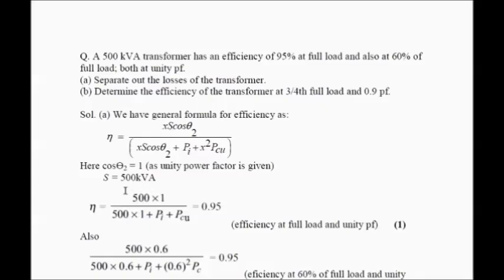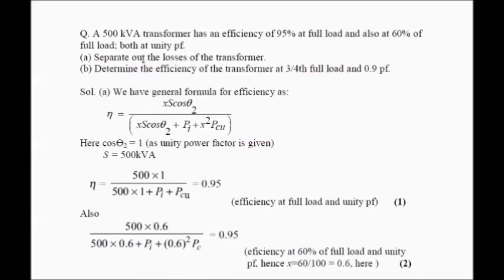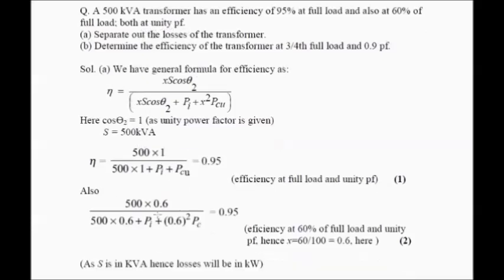So it is 1 multiplied by 500 multiplied by cos theta 2, which is also 1, divided by 500, plus Pi plus P copper, because x is 1. This is equal to 0.95. Also efficiency is 95% at 60% of full load. 60% of full load means x equals 60 upon 100, or x equals 0.6, and unity power factor is there, so cos theta 2 is again 1.